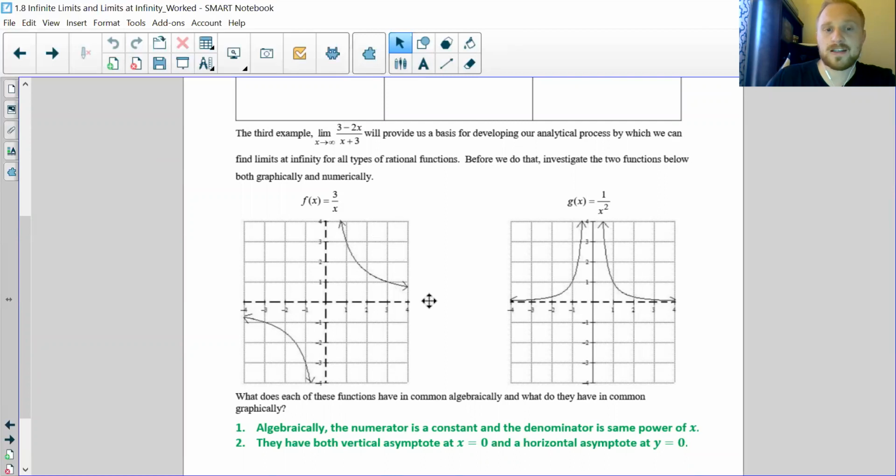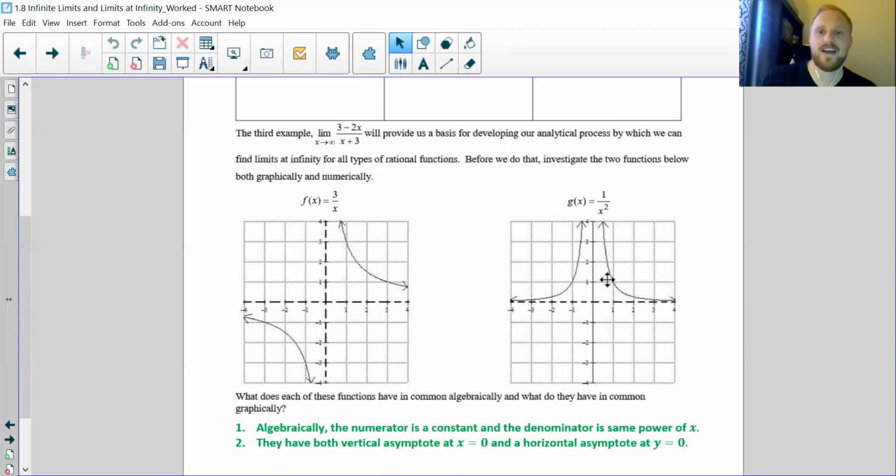As x approaches negative infinity, it approaches y equals 0, just like when x approaches positive infinity, the limit is 0. And with this 1 over x squared, as x approaches negative infinity, it goes to 0, and as x approaches positive infinity, it also goes to 0.